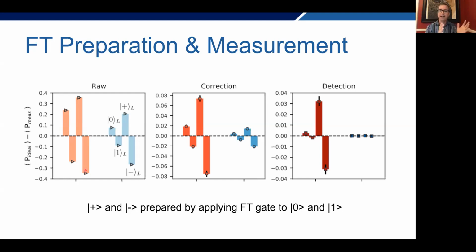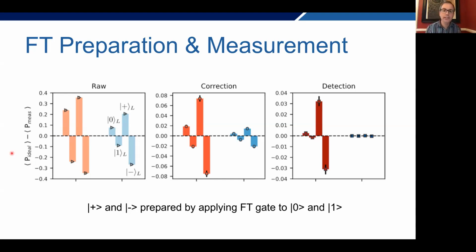So in the raw case, we don't do anything. We just accept the parity we've measured. In the correction case, we use the stabilizers classically at the measurement phase, right? We don't use measured stabilizers, we use the classical data to do a correction, which is important for fault-tolerant measurement. And then in the detection stage, we throw out anything that detects an error.